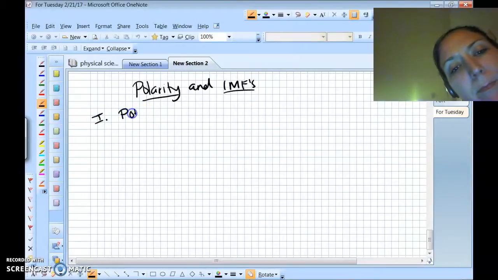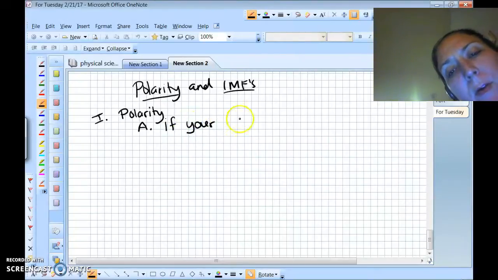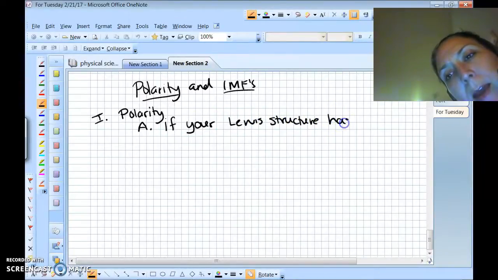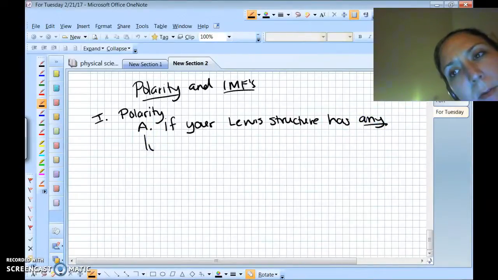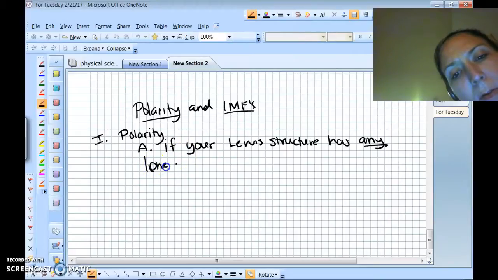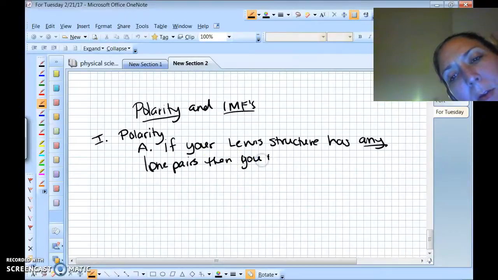Polarity. First thing, if your Lewis structure has any lone pairs, then you have a dipole.